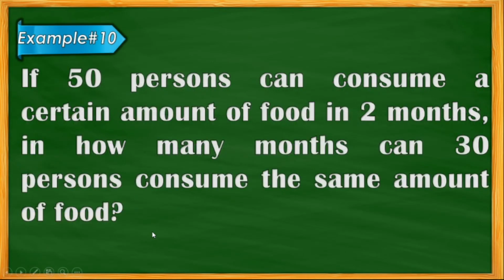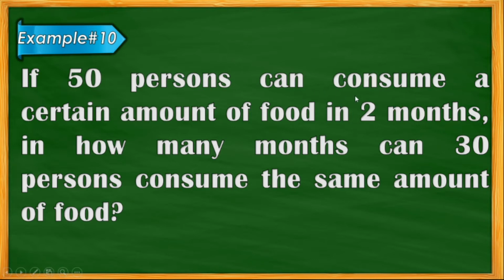And for example number 10, the last example: if 50 can consume a certain amount of food in 2 months, in how many months can 30 consume the same amount? So this involves consumption.